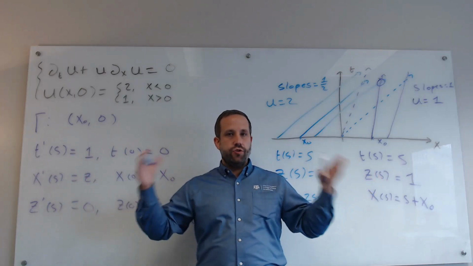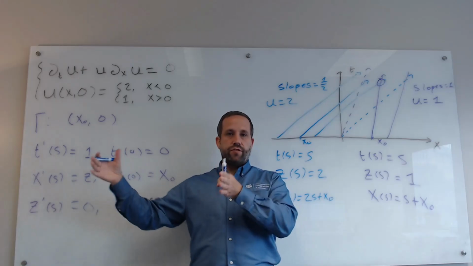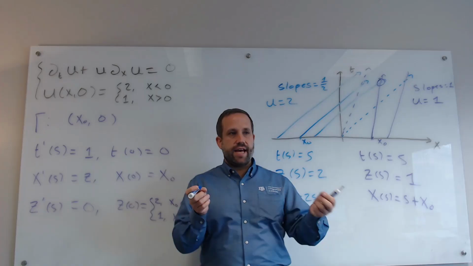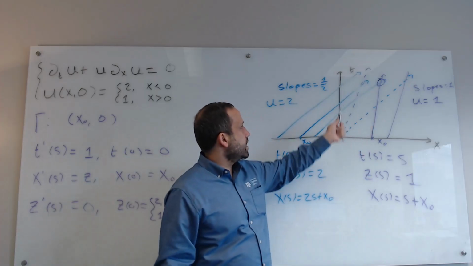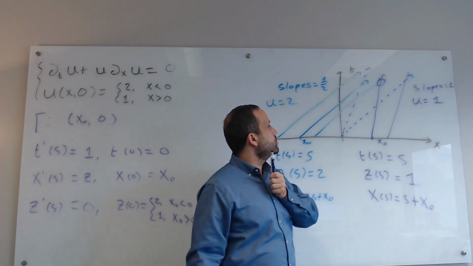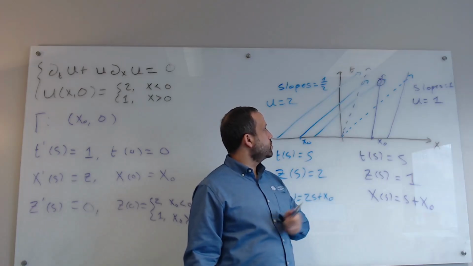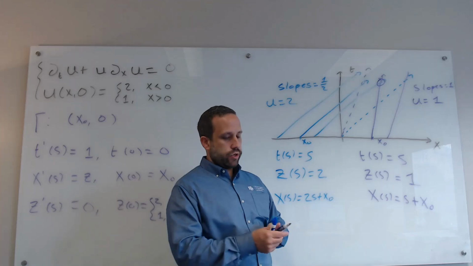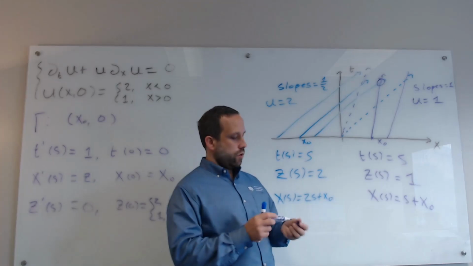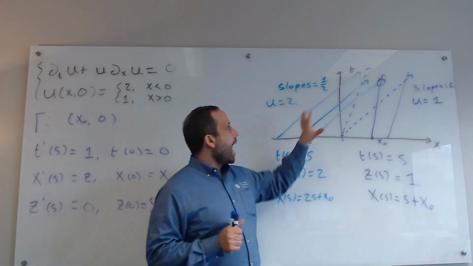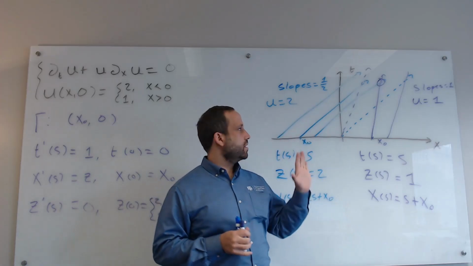What's going to happen as soon as we start the experiment, this water is going to overtake this water here, and something has to happen. And so what we have here is a case of a multi-valued solution, again, because on the purple characteristics our solutions are 1, and on the blue characteristics our solution is 2. So the question that we have to answer in the next video is, how do we resolve this discrepancy?